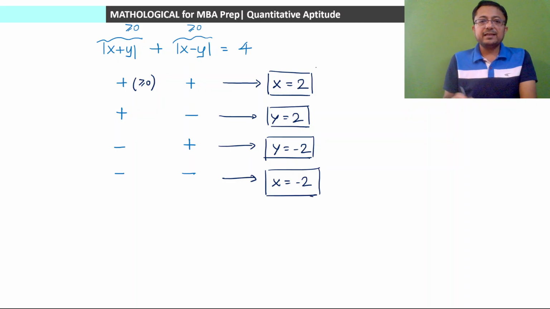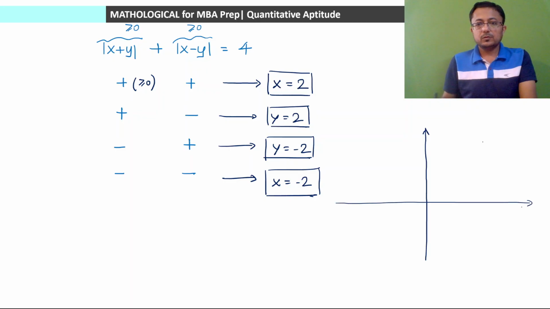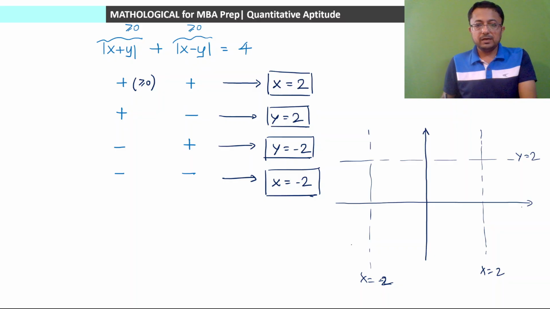So there are 4 lines, x equal to 2, x equal to minus 2, y is equal to 2, y is equal to minus 2. The first line is x equal to 2. Second is x equal to minus 2. Similarly, y is equal to 2 and y is equal to minus 2.